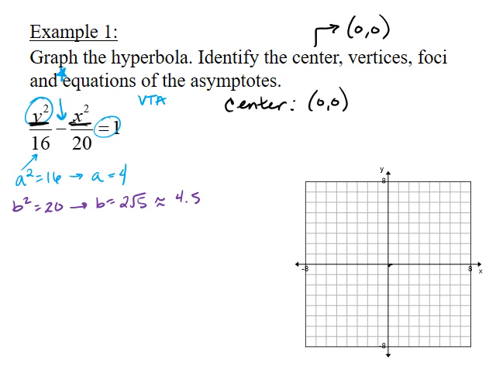So from the center, because I have a vertical transverse axis, that means that my hyperbola is going to open up and open down. So from the center, we are going to go up and down a units. So 4 in this case.